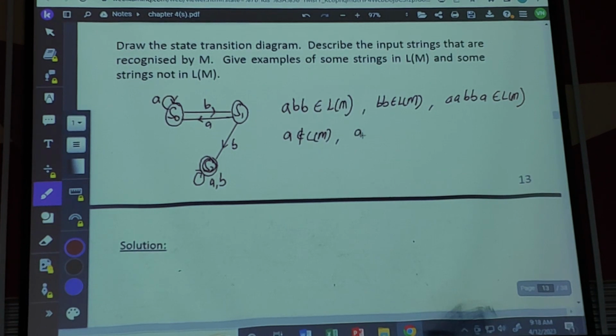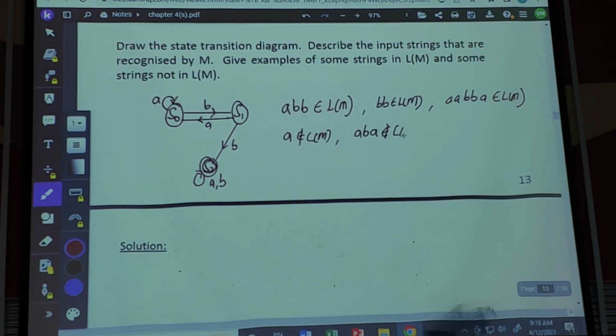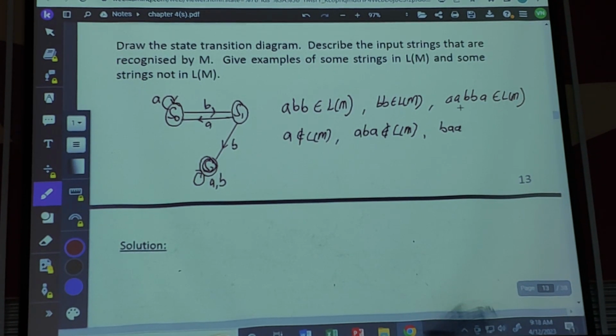A, B, A. How about B, A, A? Is it in LM? B, A, A in LM or not? No.